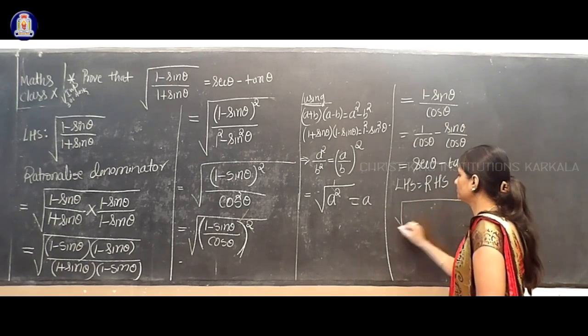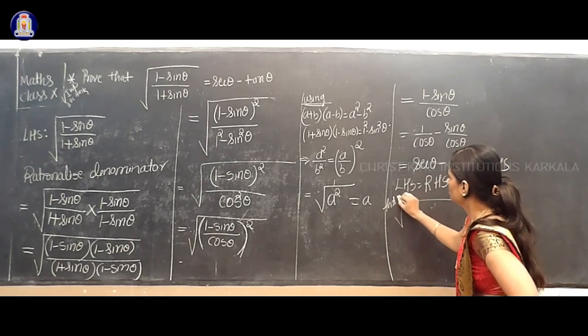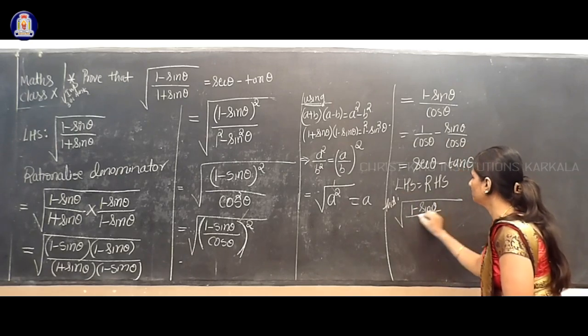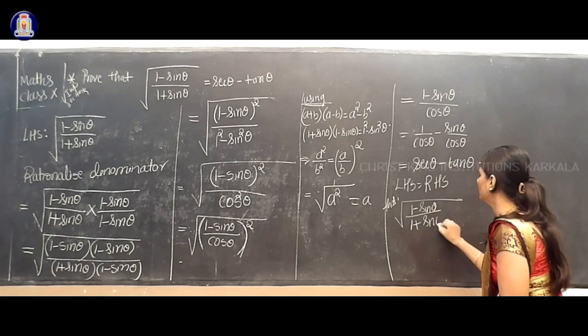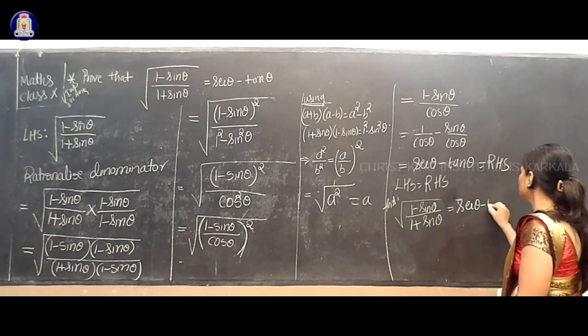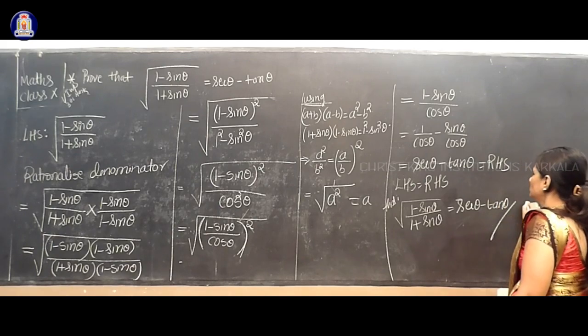That means the square root of 1 minus sin theta divided by 1 plus sin theta is equal to secant theta minus tan theta, which is proved.